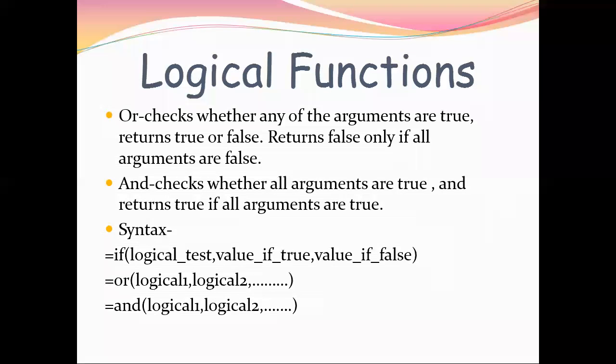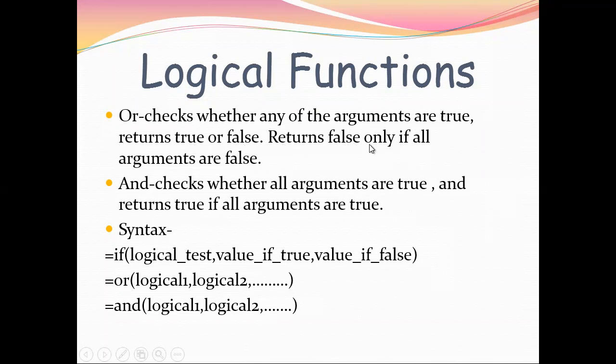And in AND, if both conditions are false, it will present false. But in OR, it will present the true value if any one value is true. In AND, if any one condition is false and one condition is true, it will present false. You may have a doubt, I'll explain again one more time. OR checks whether your argument is true or false.